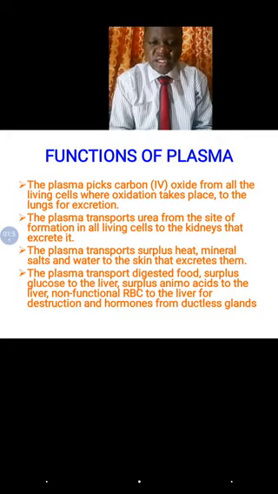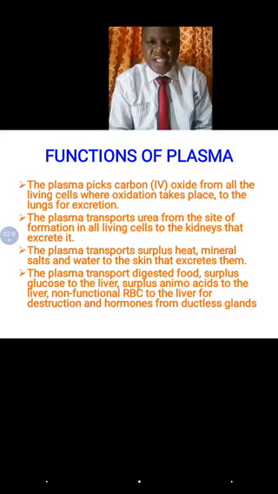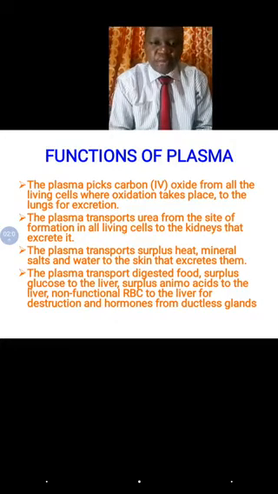Apart from that, the plasma transports surplus heat, mineral salt, and water to the skin where they are excreted as sweat. The plasma also transports digested food and surplus glucose to the liver, converted to glycogen, and amino acid to the liver too, so that it can be deaminated.